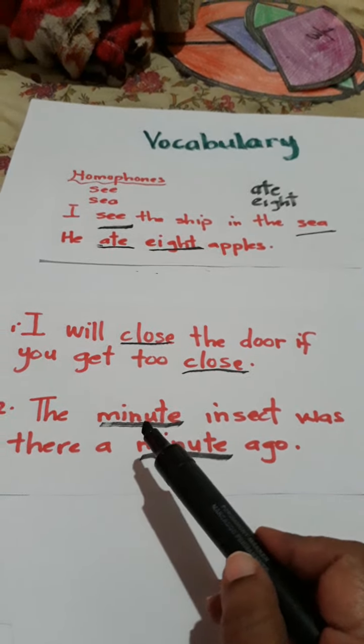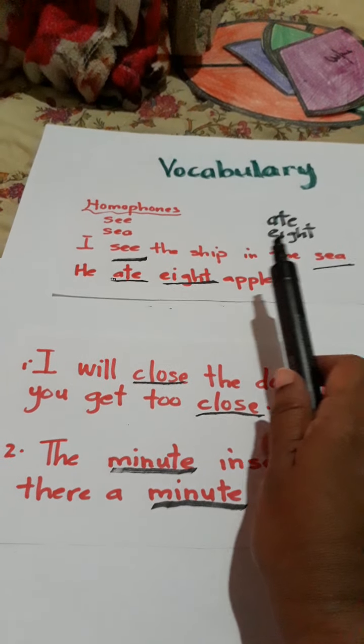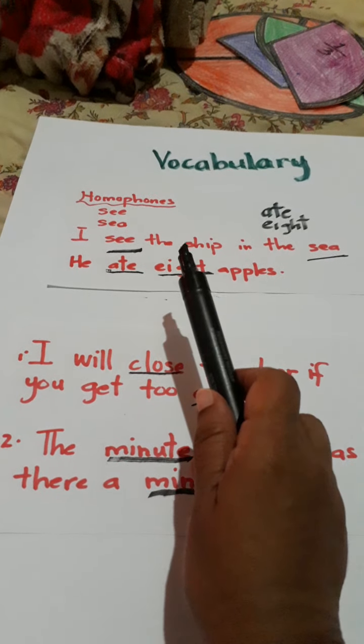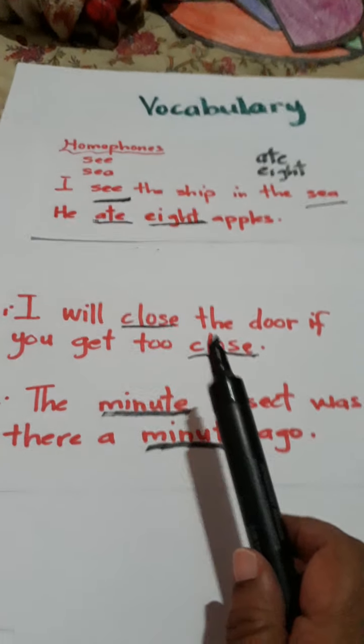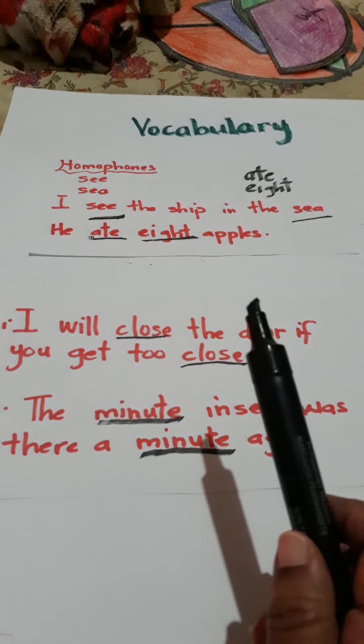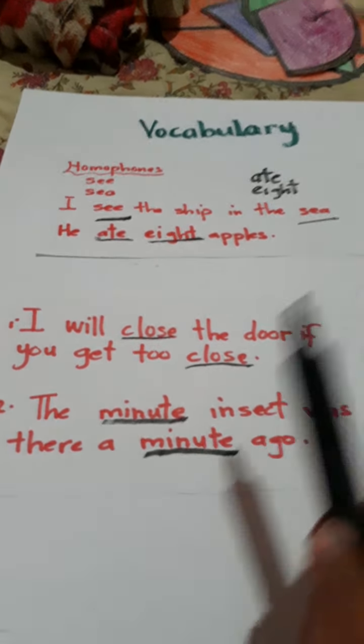Right? So they are different from homophones. Homophones, we had different spelling, same sound, and different meaning. With these new words, we have same spelling, different sounds, and different meaning. And I will read it again. I will close the door if you get too close.